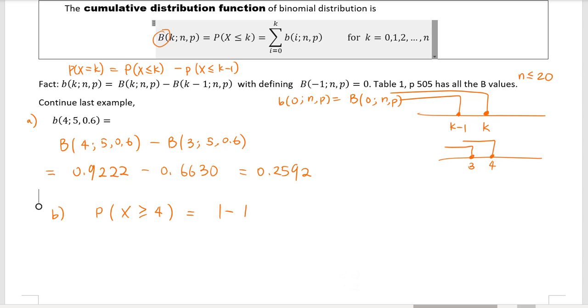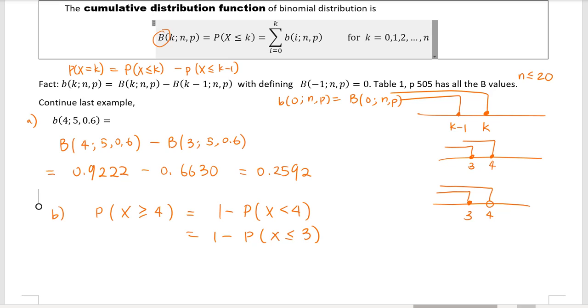So we can consider its complement. The complement of greater or equal to 4 is less than 4, and less than 4 means it's less than or equal to 3.